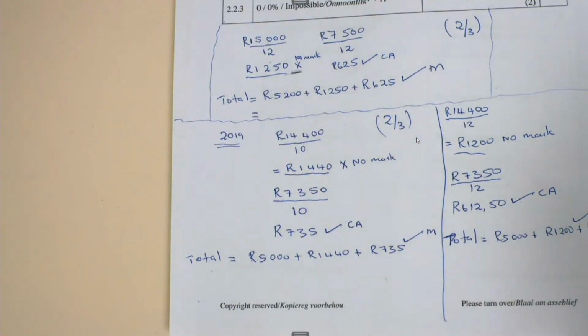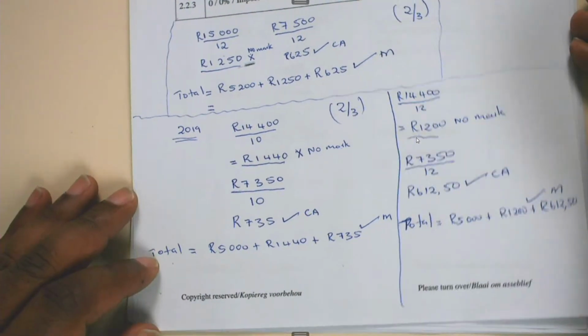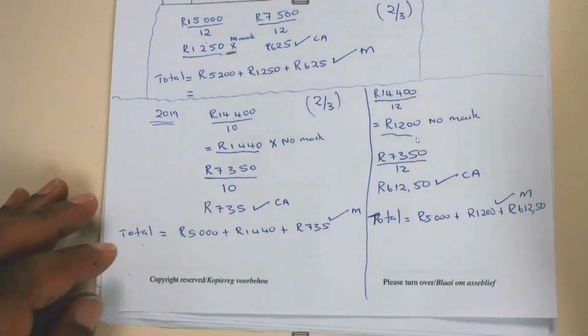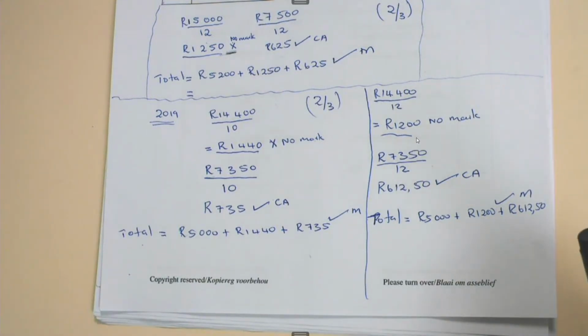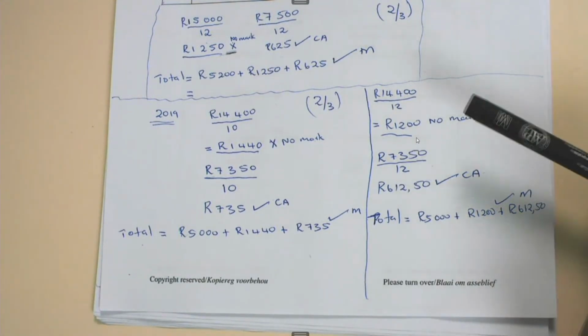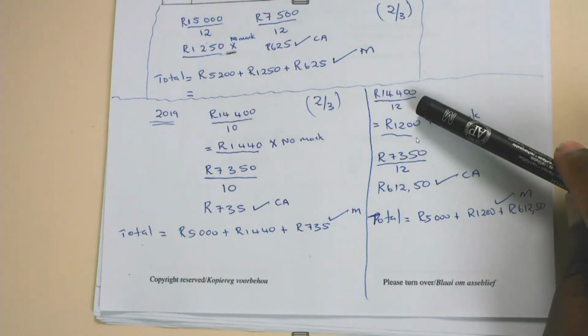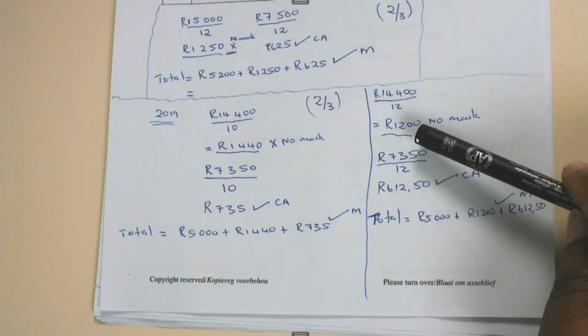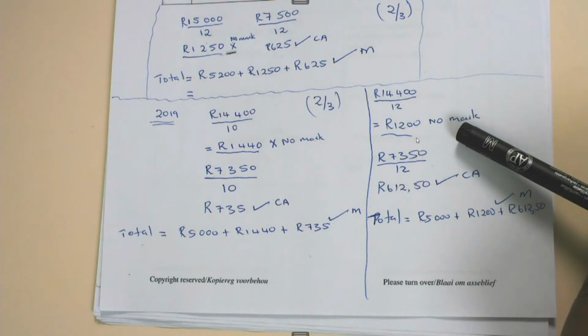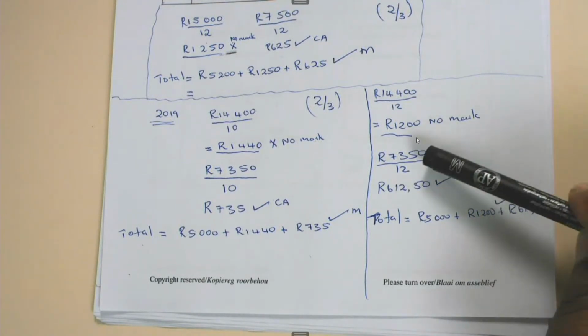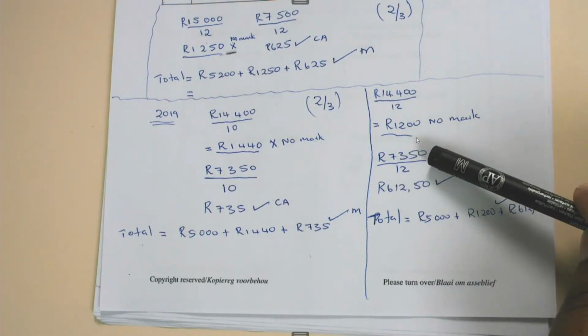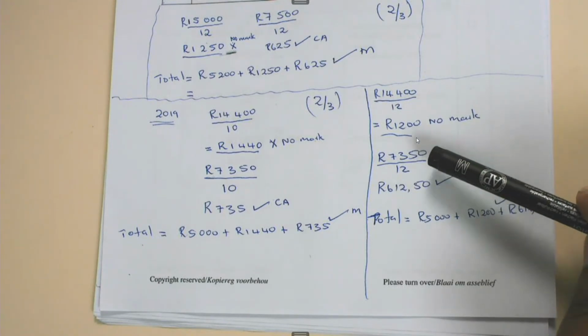Now, the same 14,400, if it's divided by 12. Now, let's look at what the learner will get. 14,400 divided by 12, the learner gets 1,200, no mark for that because it's an accurate mark. And then 7,350 is the travel allowance in 2019.